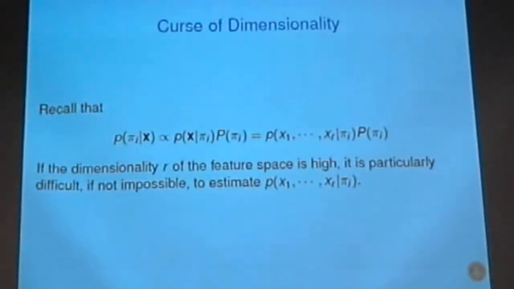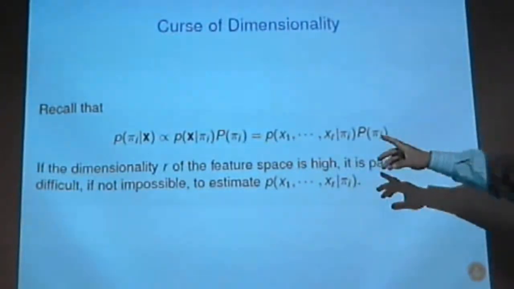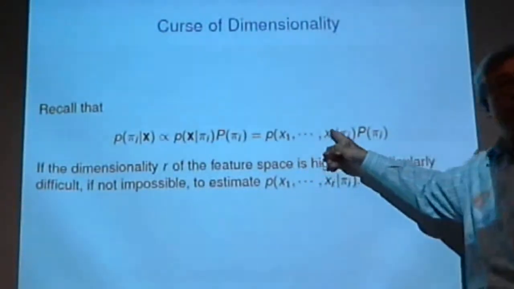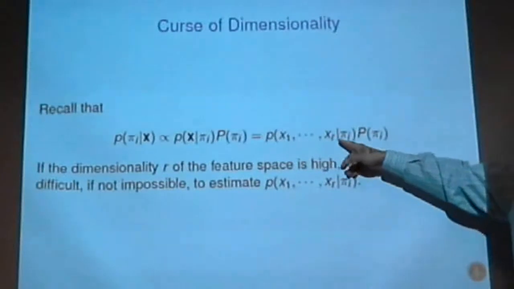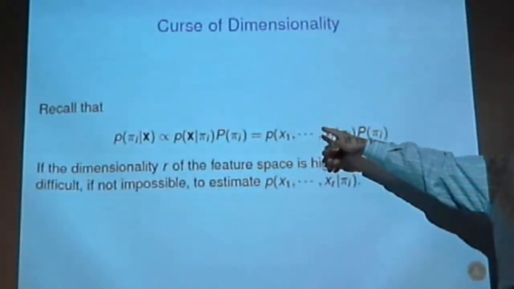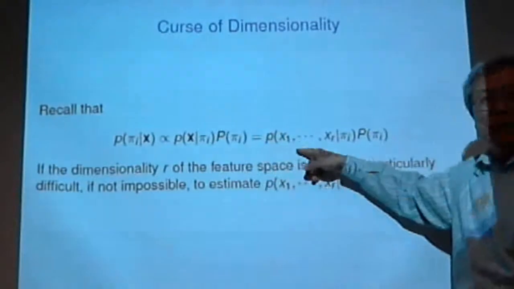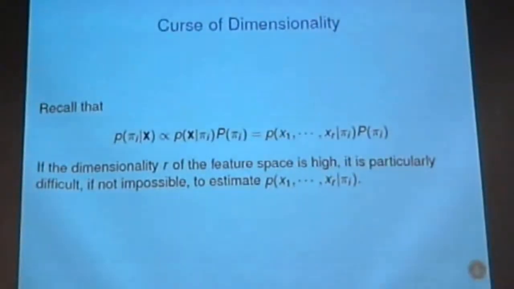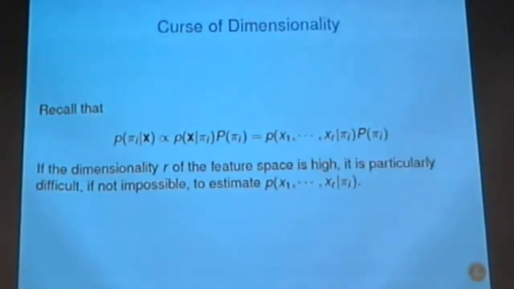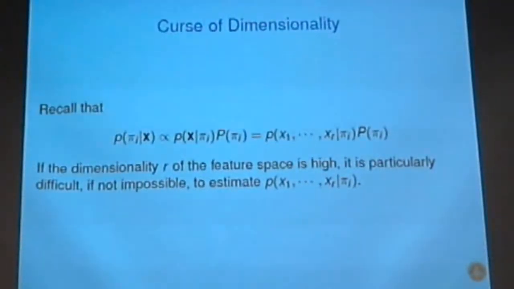But usually when you have higher dimension, that is, your feature vector is high dimensional, meaning a lot of input variables, this one is very hard to estimate. So that's what naive Bayes is about.